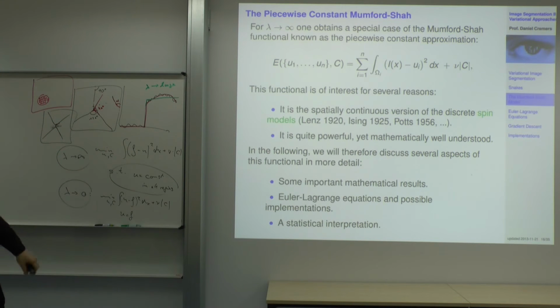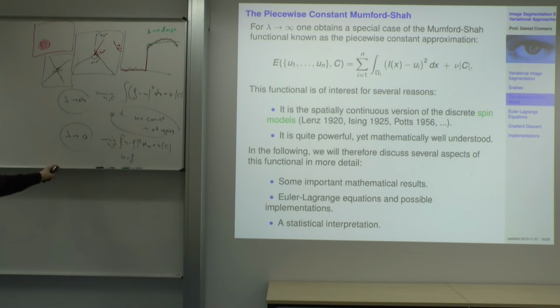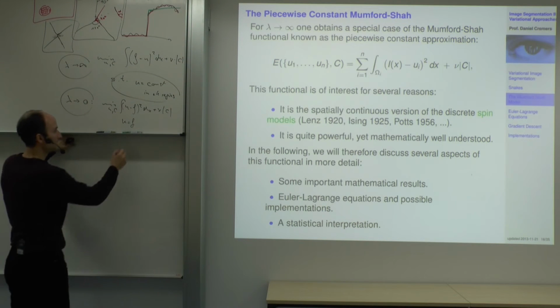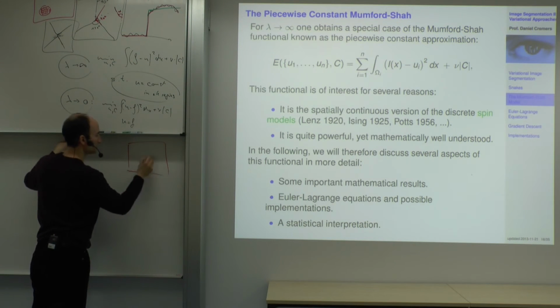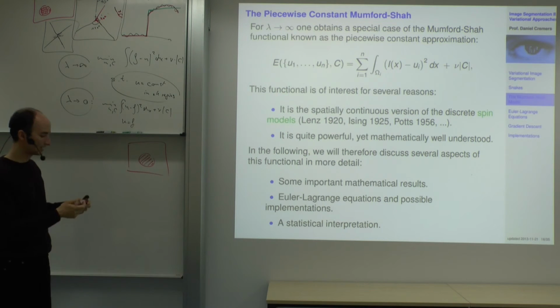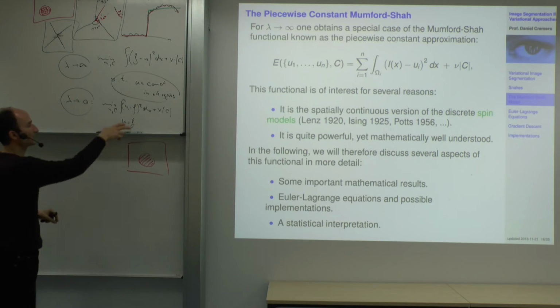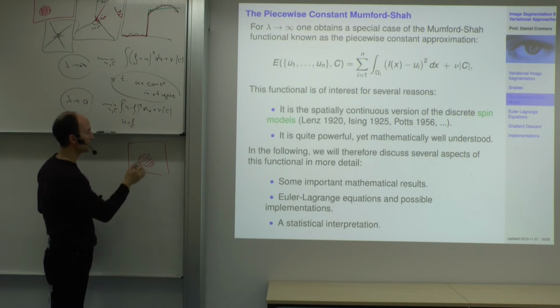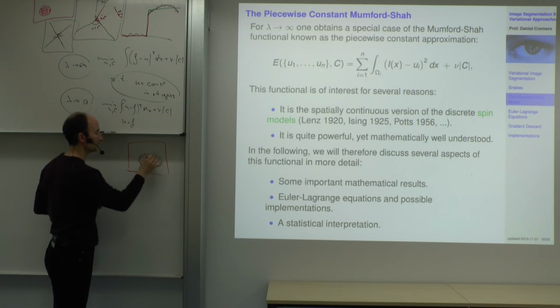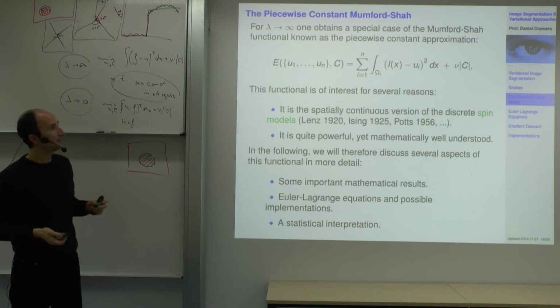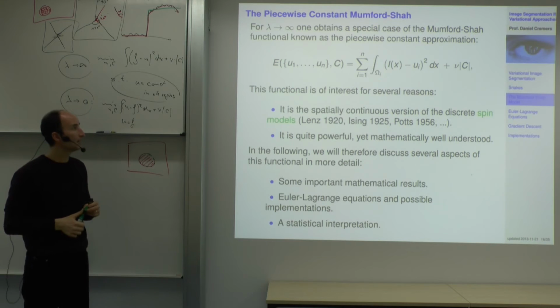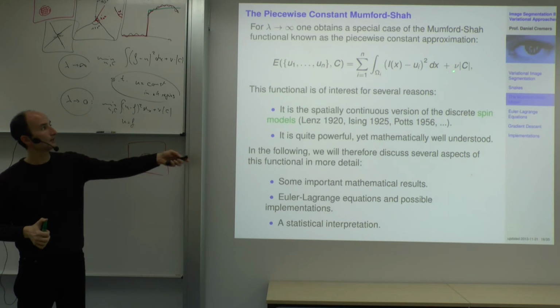Maybe I should put that on the other board. You have as an input image, so the brightness intensity I is black inside, white outside. So the result, or one result that you would expect from a Mumford-Shah segmentation would be a boundary that is here, right? And indeed that will typically be the result, except if you crank up the weight nu.